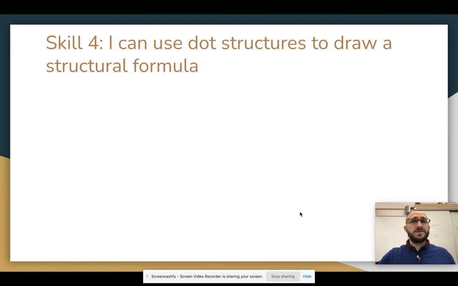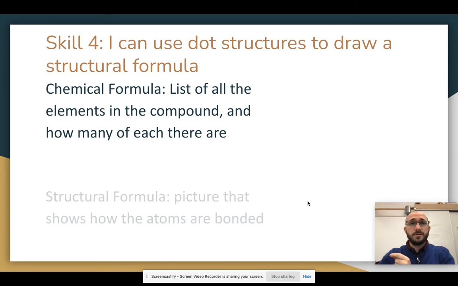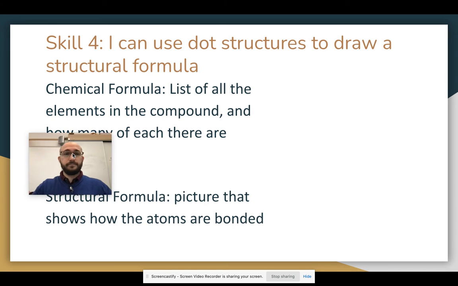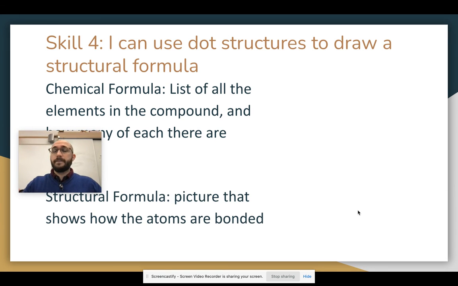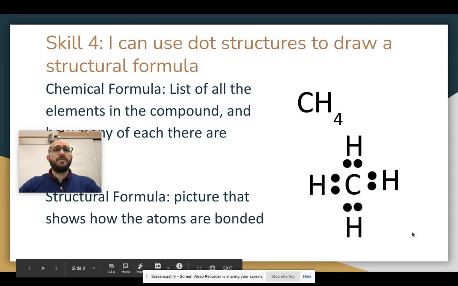All right, skill 4 is I can use dot structures to draw a structural formula. Well, you need to know what a structural formula is first. Well, chemical formula, we've talked about that. That's the list. A structural formula is a picture. That's your chemical formula that we're used to. This is a structural formula.